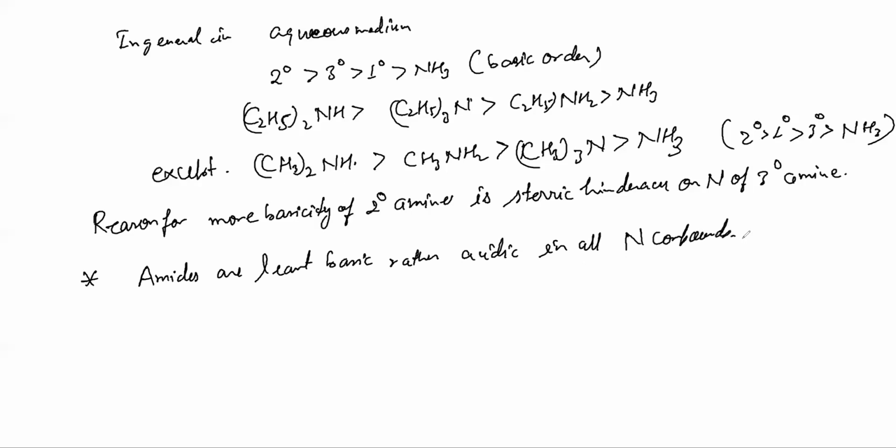If you make a list of nitrogen compounds, you will find that amides are least basic. Whether it is aromatic or aliphatic or whatever it is, amides will be least basic here. This is already written in your GOC notes. Please refer to those as well.